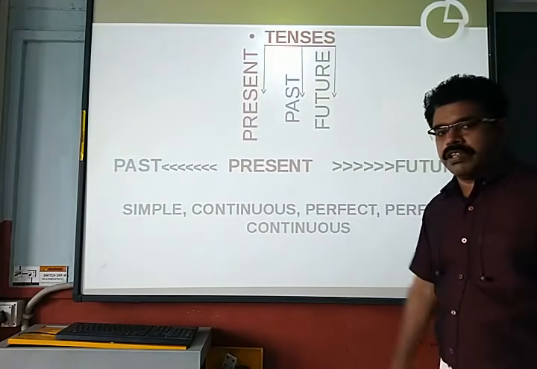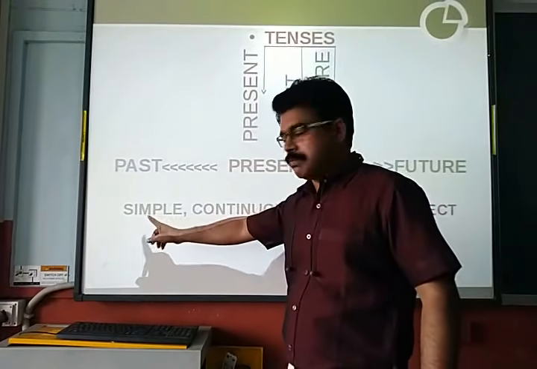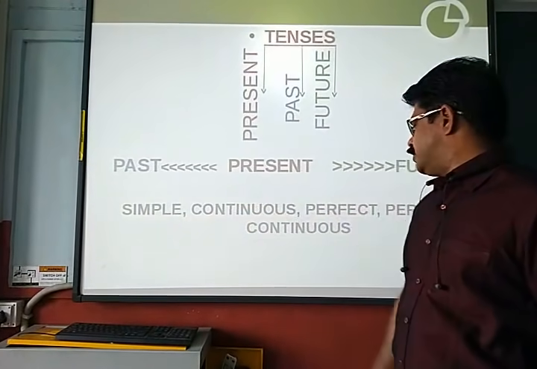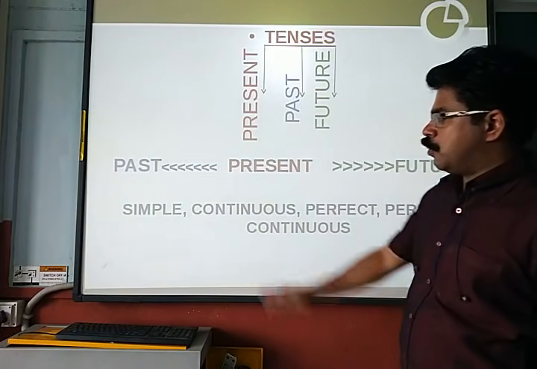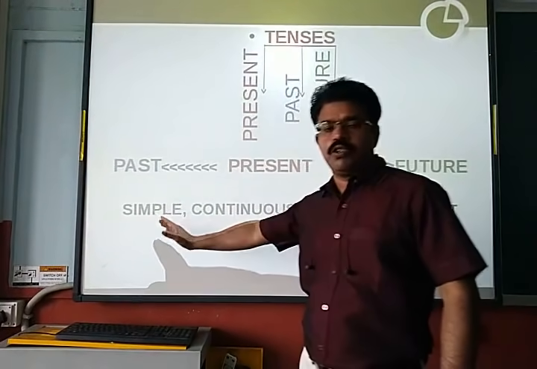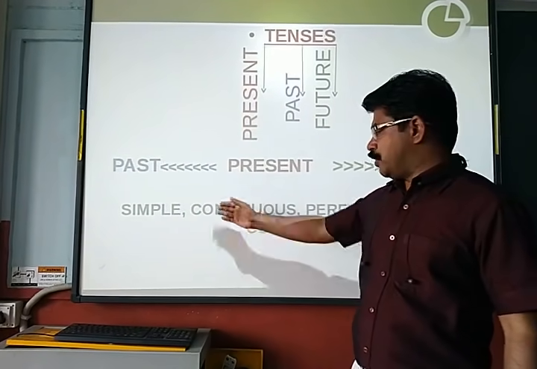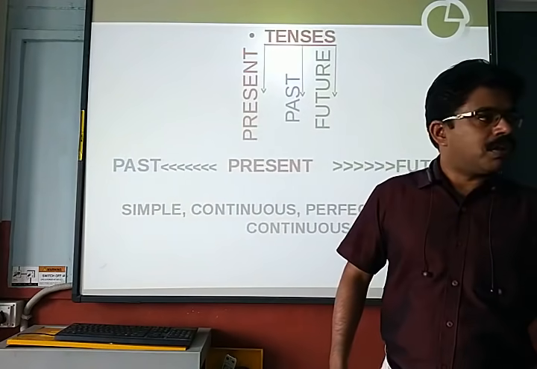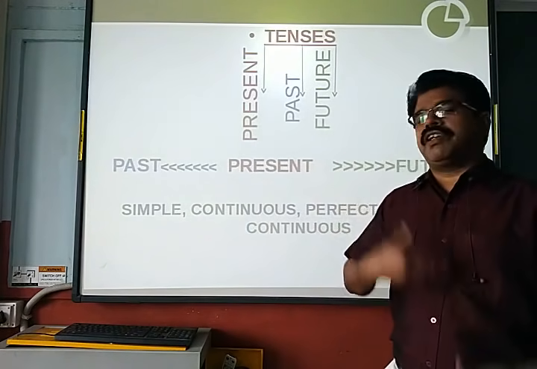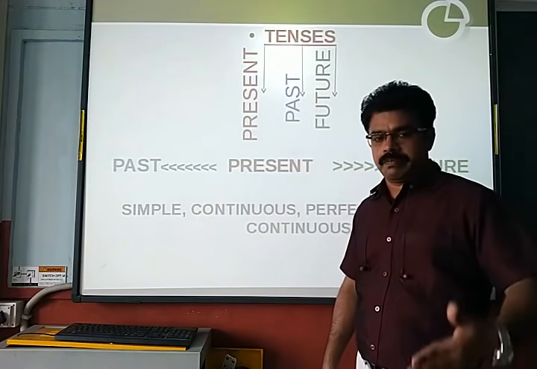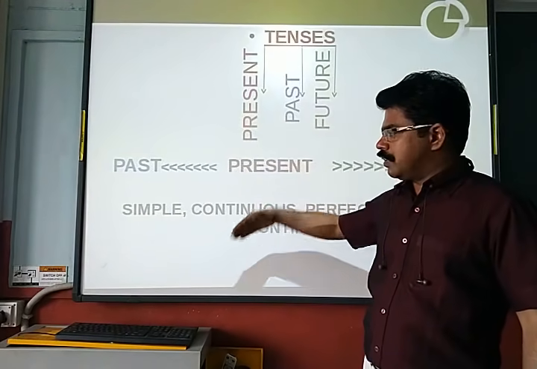Now, in terms of that, we have what is called simple, continuous, perfect, perfect continuous. Four different forms of tenses are given here. These are nothing new for you. These are things we have learned from junior classes, but repetition makes things better. So even in the last few classes, we have been repeating this.